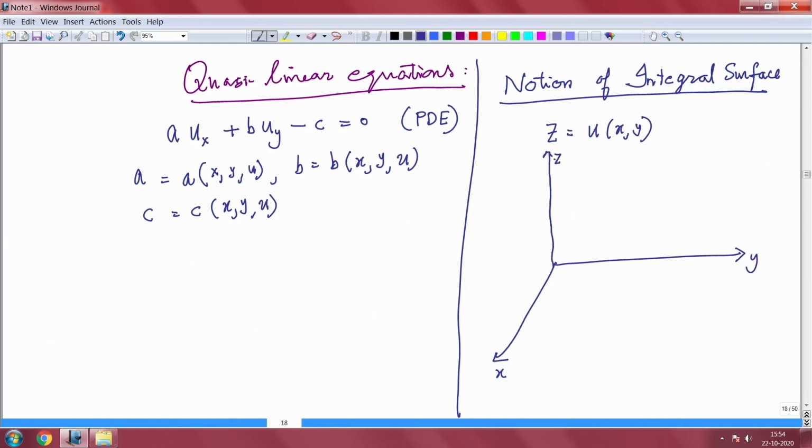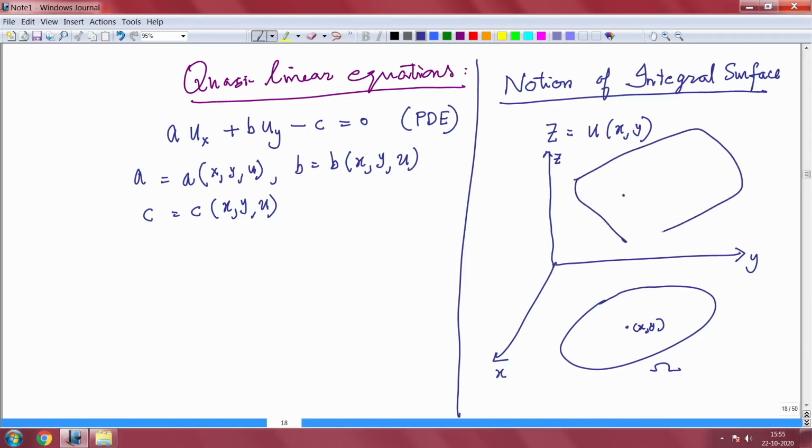This is your z variable, z is u(x,y). So, your domain is in the xy variables. For every x,y you associate a u(x,y) here, and then this plane domain omega will become a surface. So, this is my z equal to u(x,y).